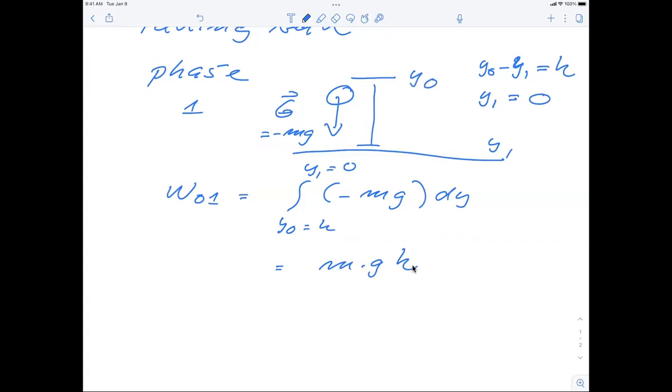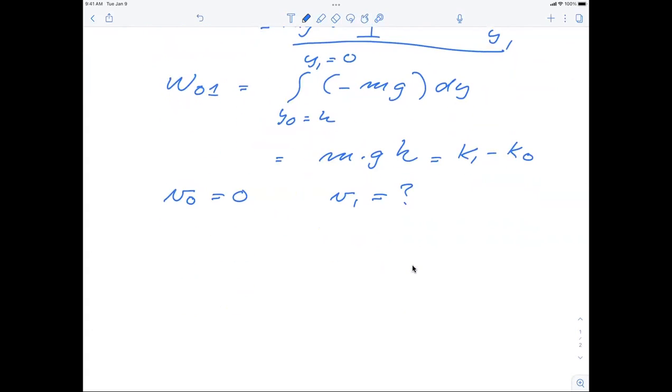And this is supposed to be the difference between kinetic energy in position 1 minus kinetic energy in position 0. So in order to simplify things, what we are going to assume as well is that v0, we just put that to 0. So this is an object which is at rest and just falls down. And then we ask the question, what is v1?